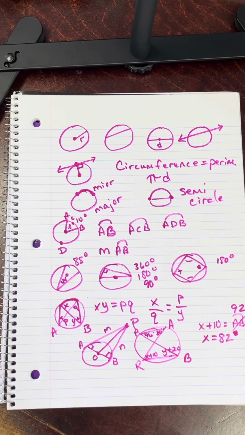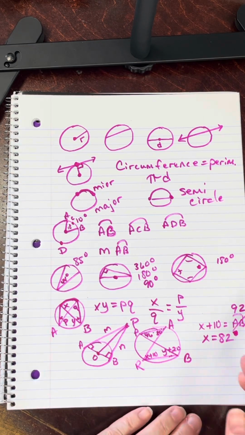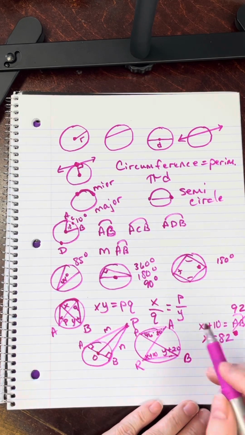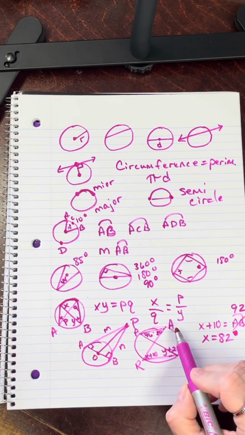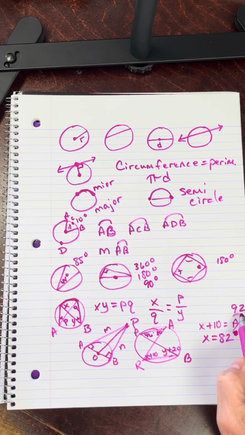Did I mismultiply something? No. Oh dear, I know what I've done. Yes. Okay, yes, this arc is doubled to 92.